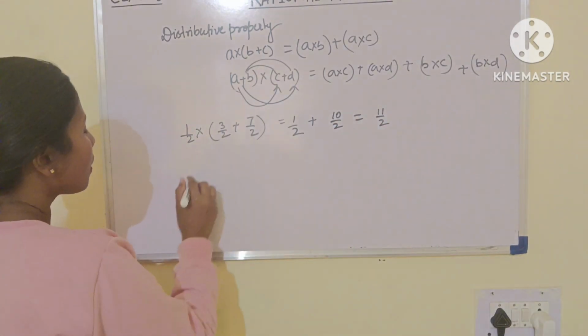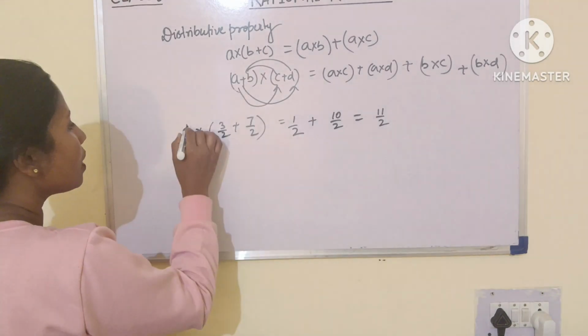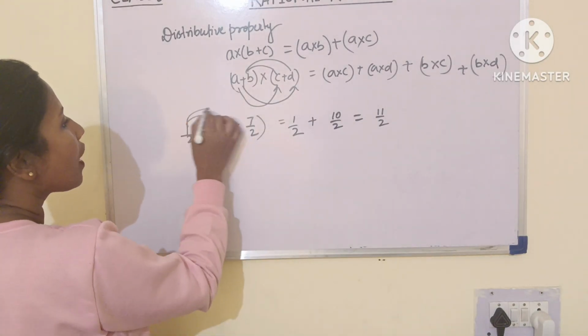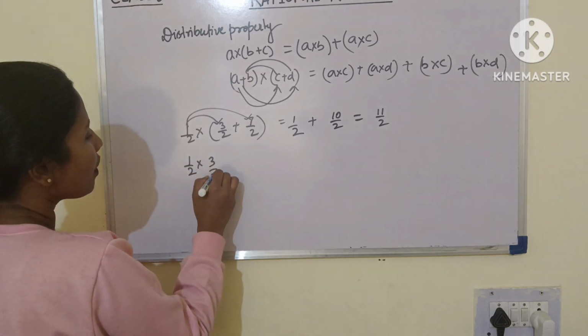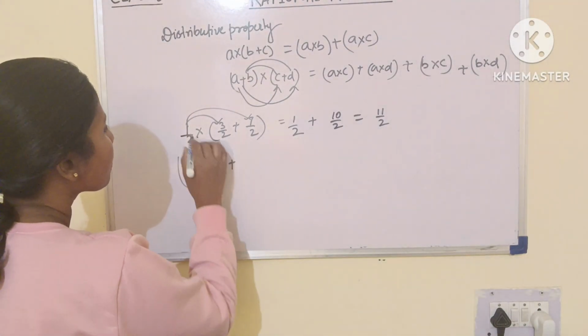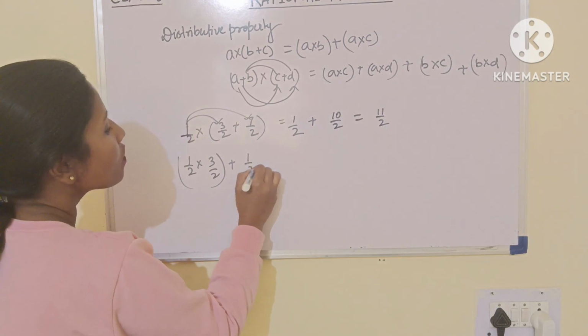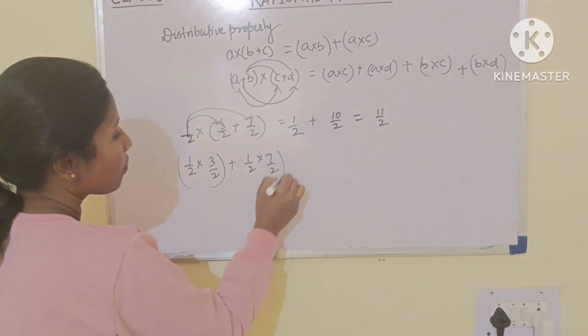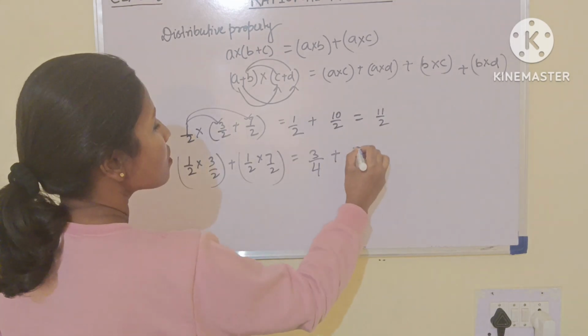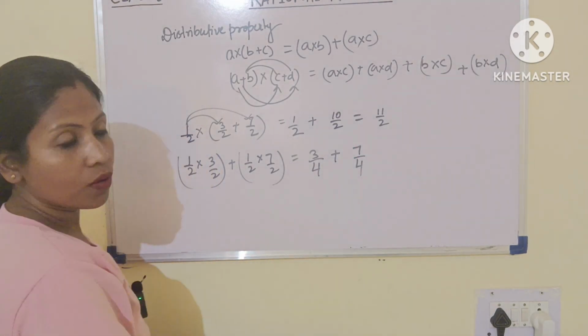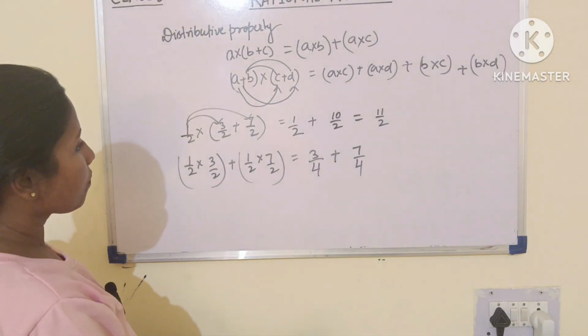Fine. Now I'll follow this property. So I'll multiply this with this and this with this, and we'll add all those. 1 by 2 into 3 by 2 plus 1 by 2 into 7 by 2. Correct? So it will give you 3 by 4 plus 7 by 4. Right?